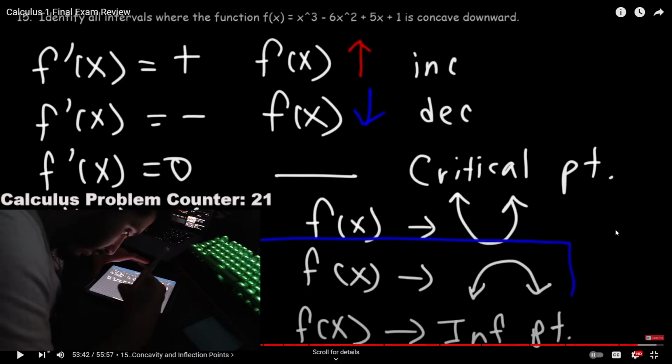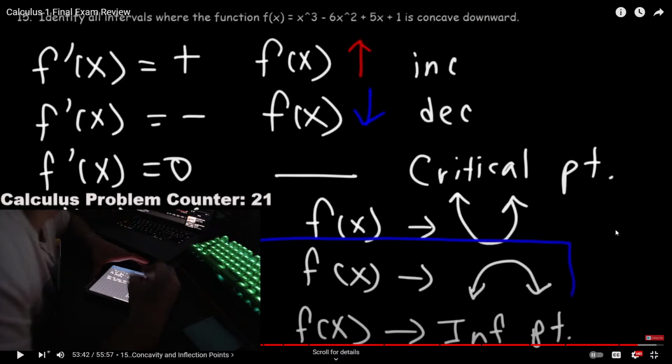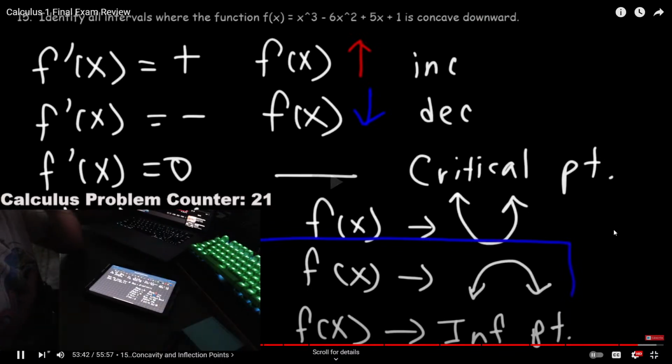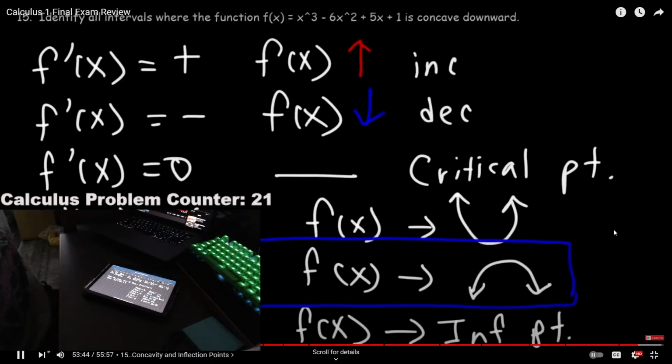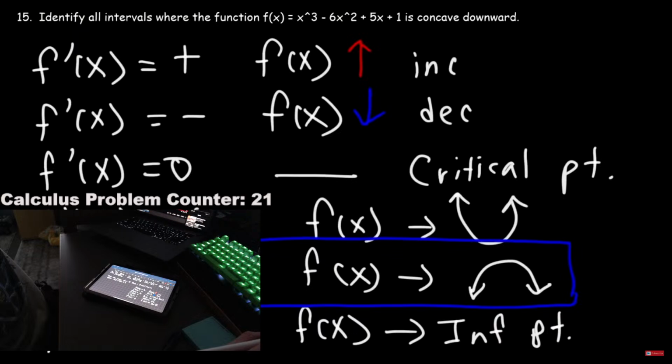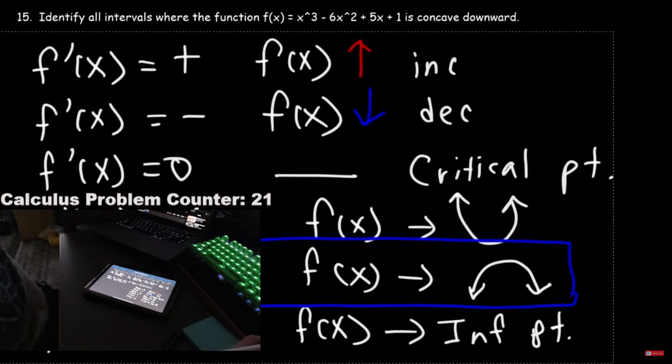If f double prime of x is 0, f of x may have an inflection point. So with this information, let's go ahead and find the second derivative and set it equal to 0.